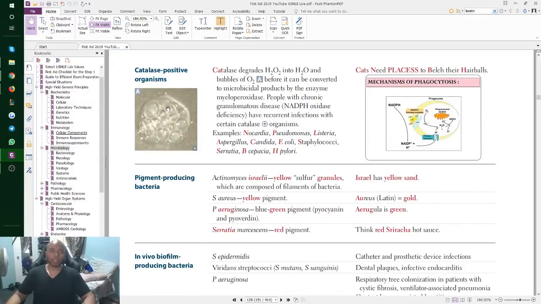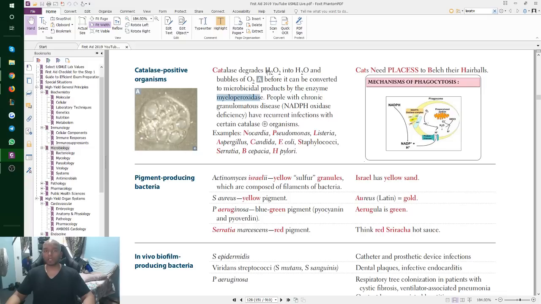Your catalase positive organisms were significant when we talked earlier in immunology. They were significant for people who had an issue with your NADPH oxidase, right? So they have chronic granulomatous disease. Catalase degrades H2O2 into H2O and bubbles of oxygen before it can be converted to microbial products by the enzyme myeloperoxidase. Right?